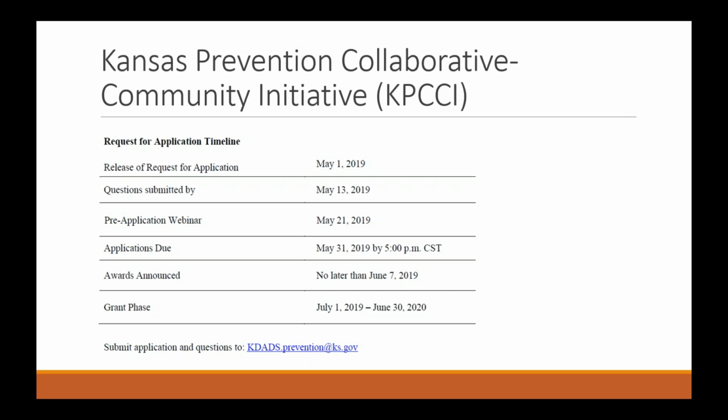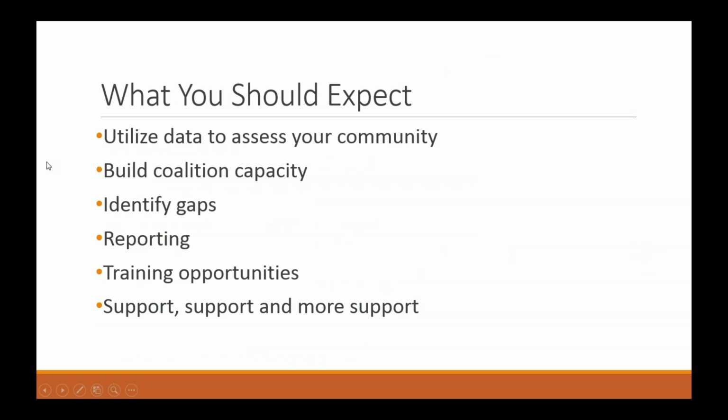So really my plan is to start reviewing those on June 1st. And we will have awards announced either before June 7th or no later than June 7th. So I hope to have them announced actually before the 7th, but if not, then we'll at least have them sent to you on that day. Whether you're awarded or not, we will make that a notification to you.